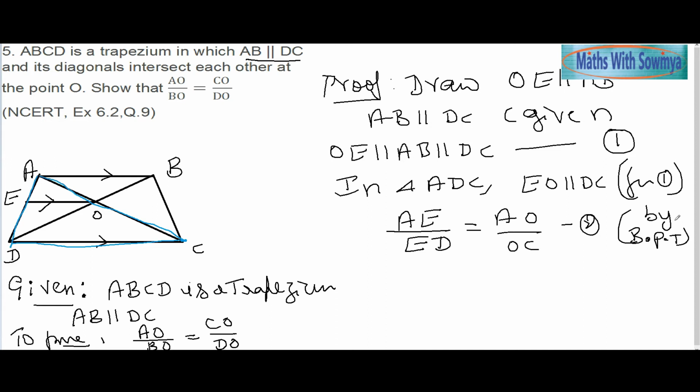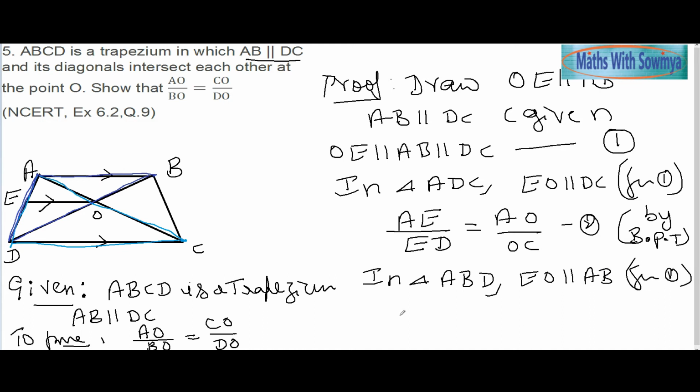Now we take one more triangle, which is ABD. You can see ABD, this triangle I am taking. So I shall say in triangle ABD, again EO is parallel to AB from 1.